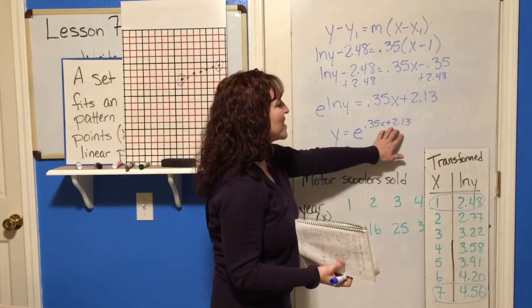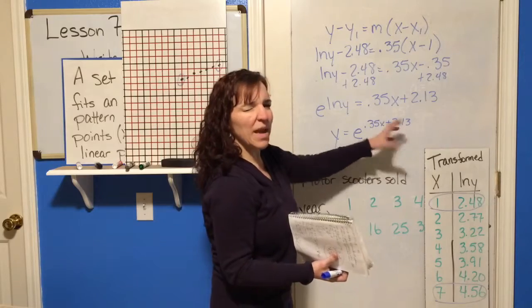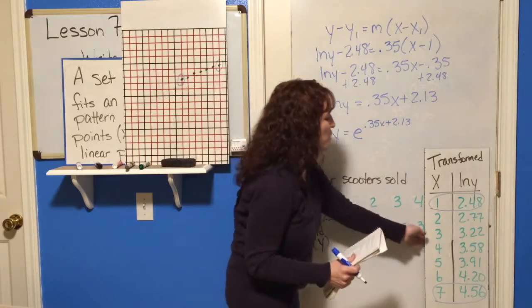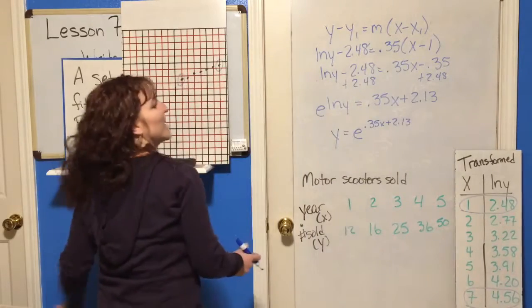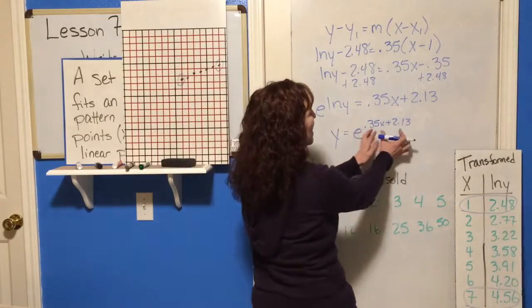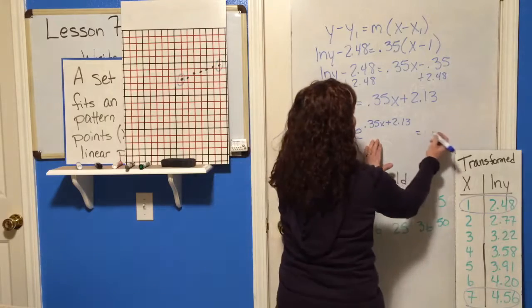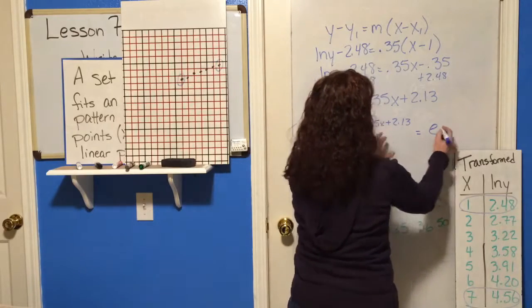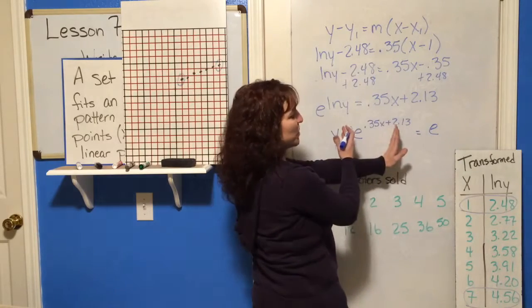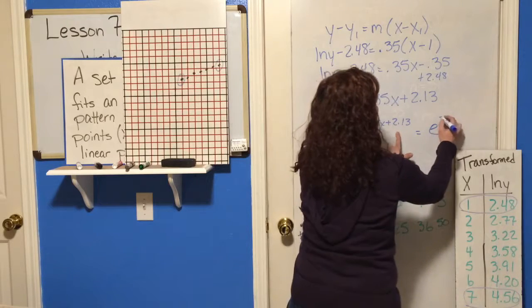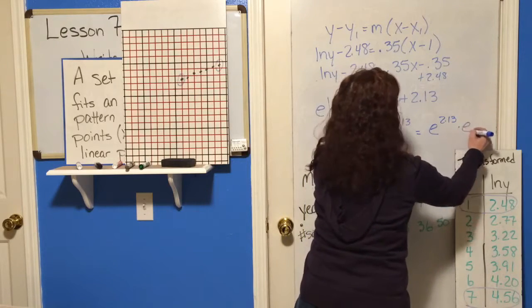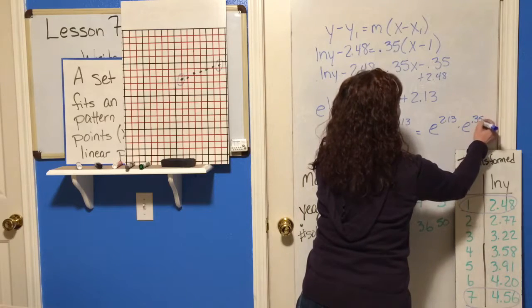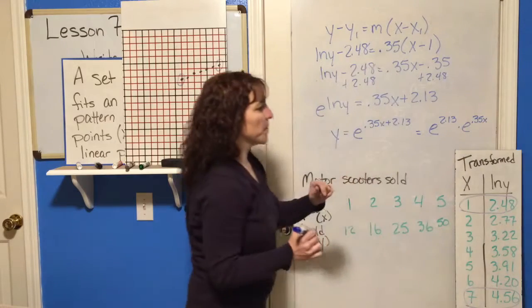Can we simplify this just a little bit to make it an exponential form? What we can do with that is, remember, we can split this up, and this is the same as e to the 2.13 times e to the 0.35x.